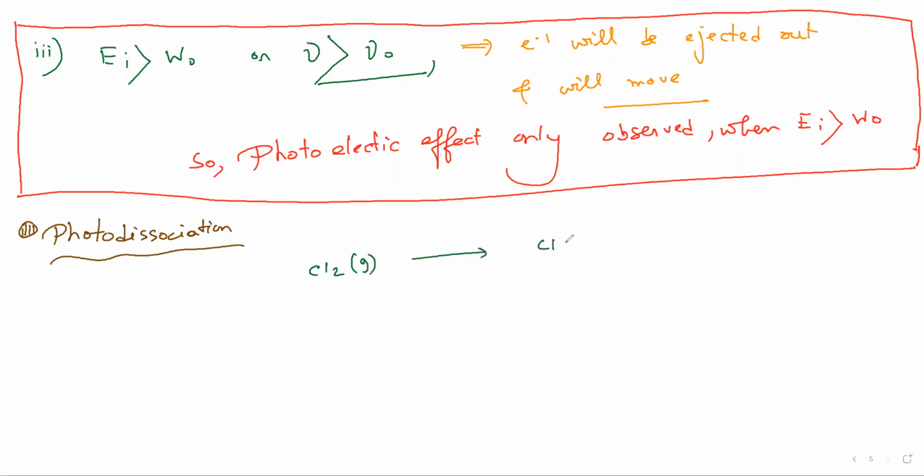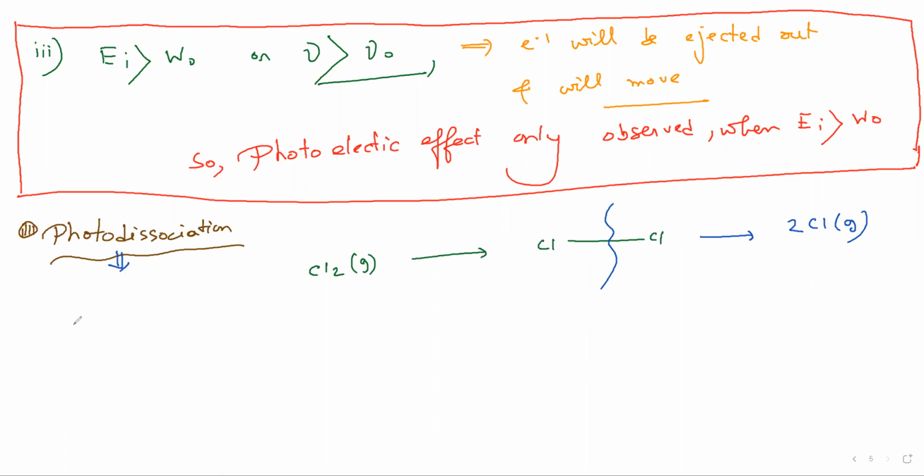Cl2 means, can I write a Cl bond? In presence of a photon, that means in presence of light, bond breaking takes place. After breaking of the bond, it becomes 2Cl gas. So in presence of light, bond breaking takes place, and this is called photo dissociation. So just write it down.